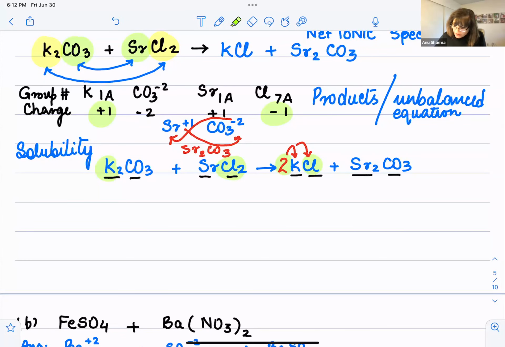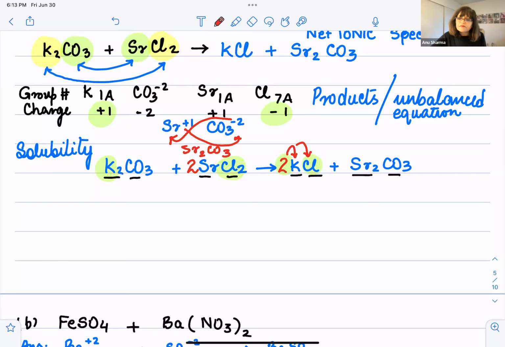Now carbonates are 1 and 1, which is fine. But let's look at strontium. There are 2 strontiums on one side, but there is 1 strontium on the other side. So what are you going to do? If you put 2 here, this makes 2 strontiums, but then it makes 4 carbonates.